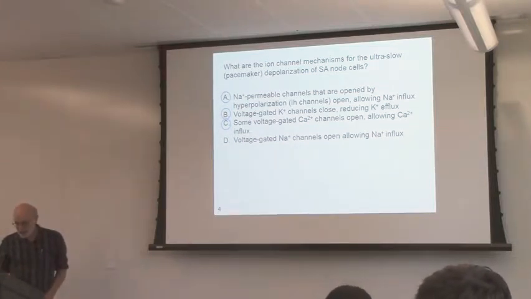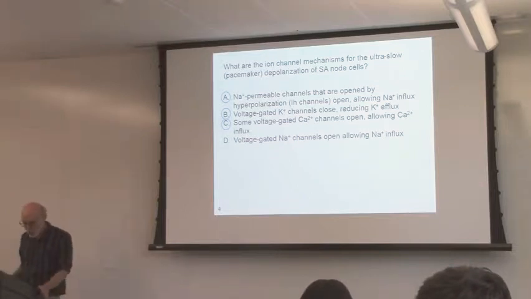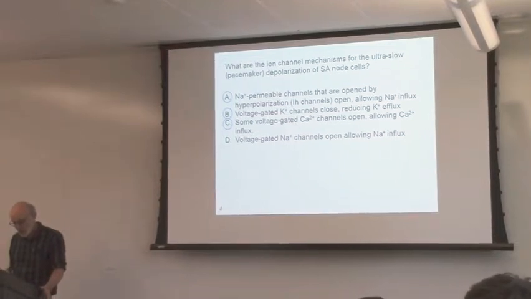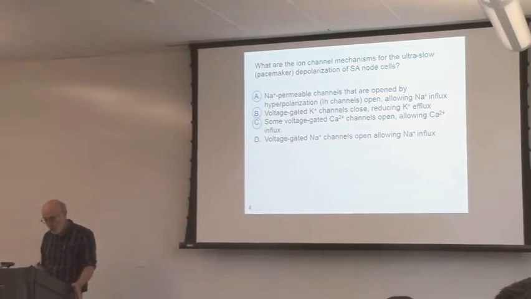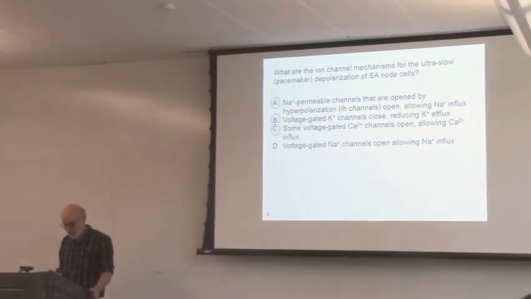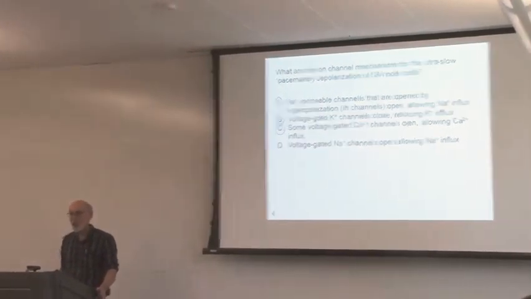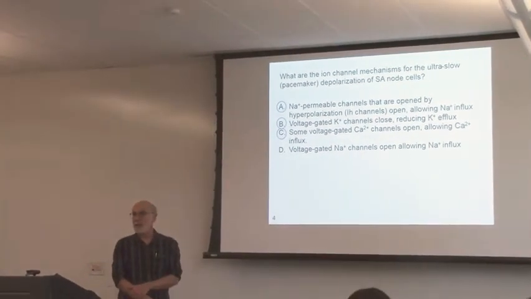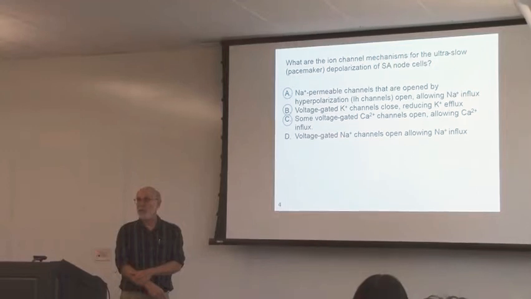The slide in the lower right-hand corner shows the ultra-slow depolarization, and it shows sodium entry through IH channels, closing of voltage-gated potassium channels, and calcium entry through a few open calcium channels. So those are the mechanisms for the ultra-slow depolarization.